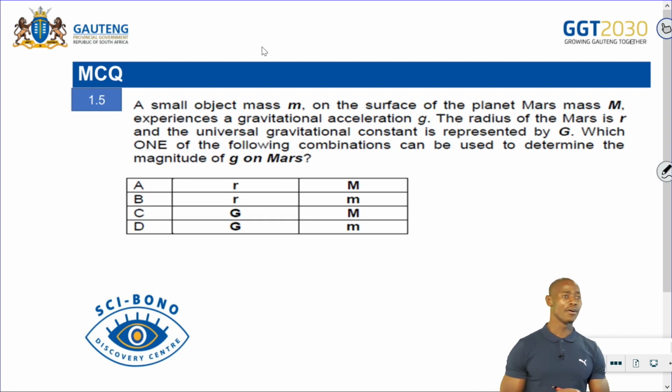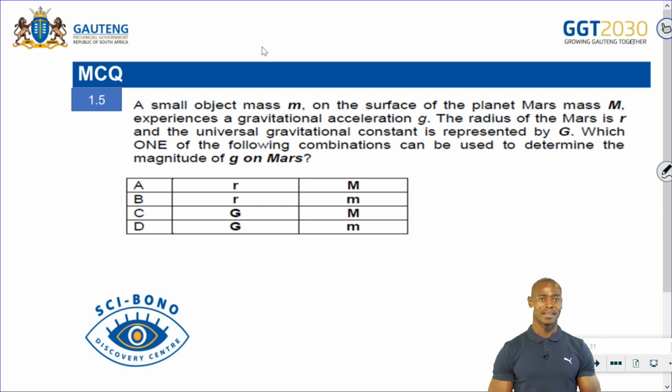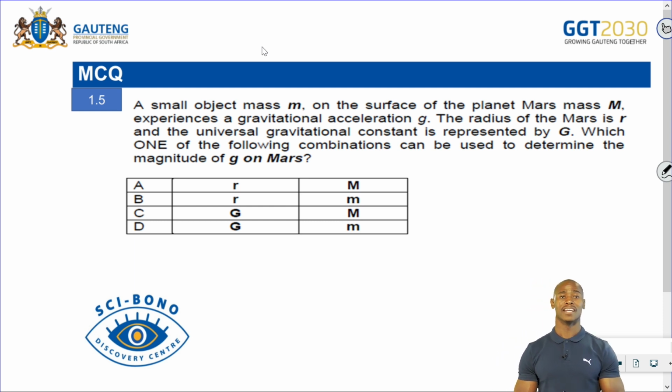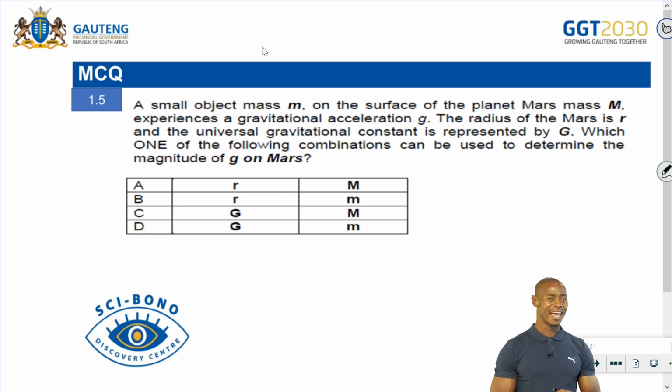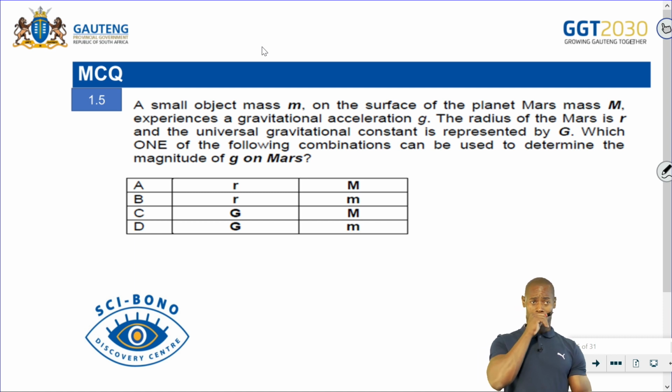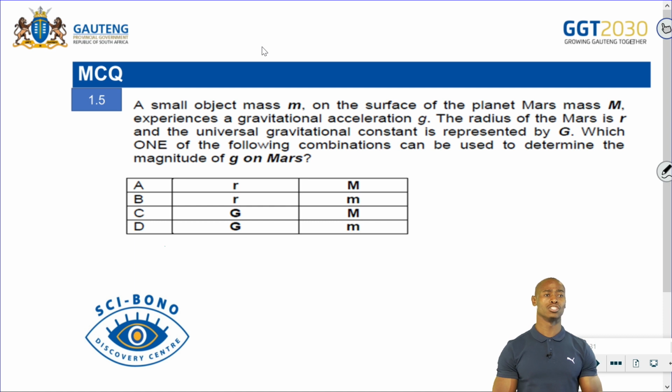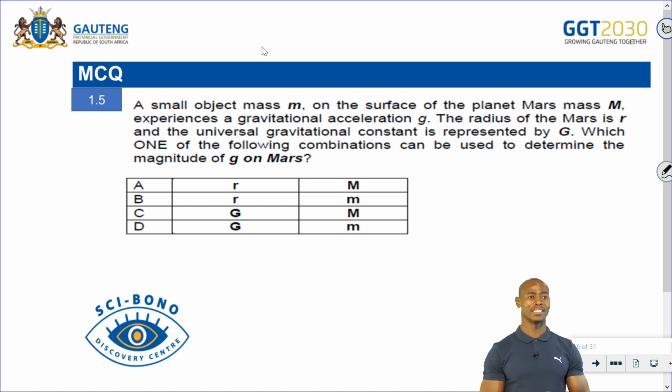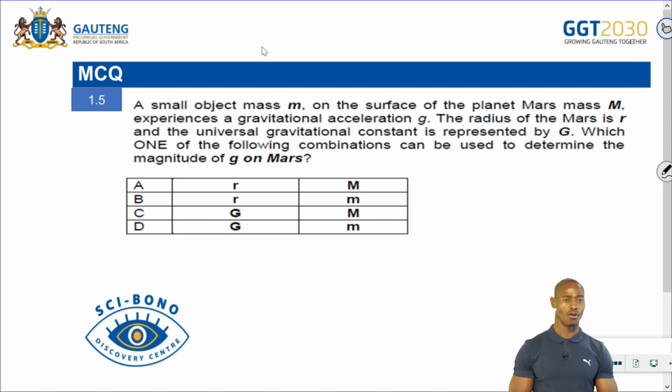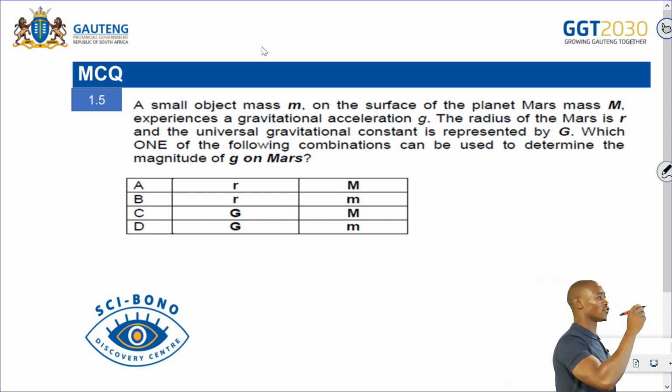Then 1.5, a small object of mass m on the surface of planet Mars, whose mass is M, experiences a gravitational acceleration of g. The radius of the planet is r, and the universal gravitational constant is represented by G. Which one of the following combinations can be used to determine the magnitude of g on Mars?